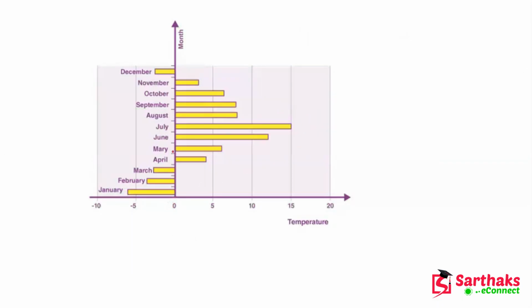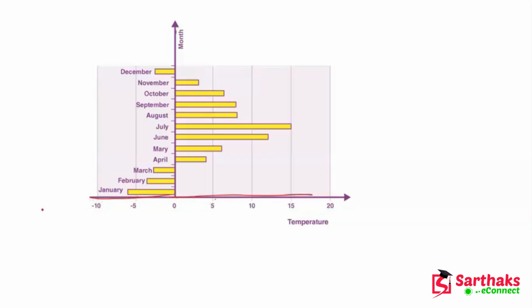On the x-axis we are taking the temperature, and on the y-axis we are taking the month. We know this is 0, 5, 10, 15, 20, and on the left side it is minus 5, minus 10 and so on.